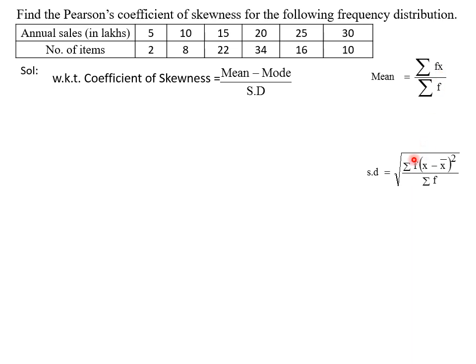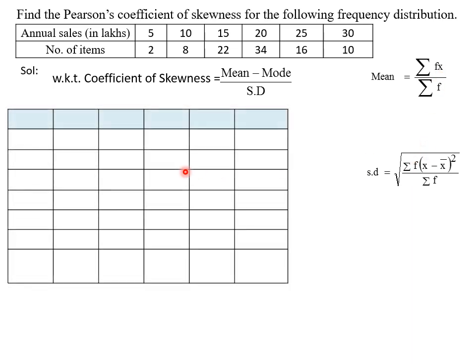So based on this we frame the tabular column. First x, f, then fx, the multiplication of these two, then x minus x bar, then you have to square this, then multiply this with the frequency.